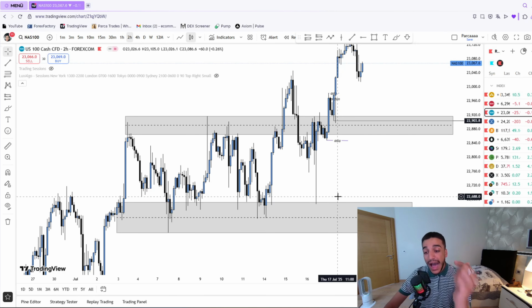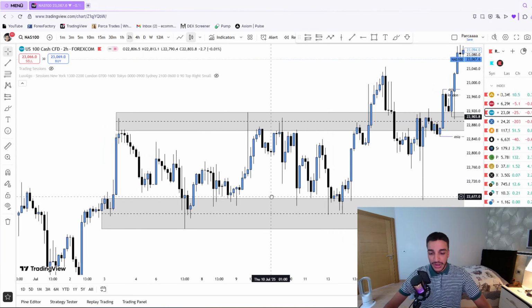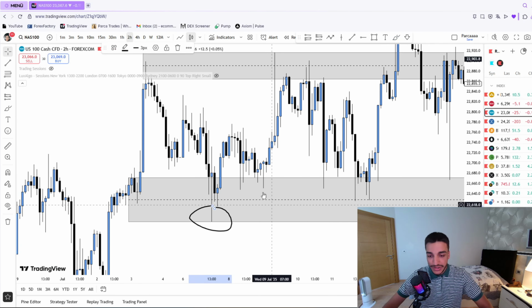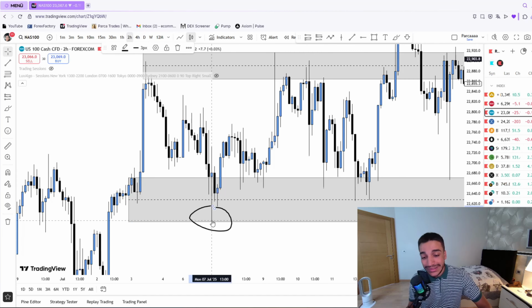So, how can you trade with support and resistance, which I don't recommend, but let me show you. In this area right here, price touched the support area, and we had an instant reaction with that gap.